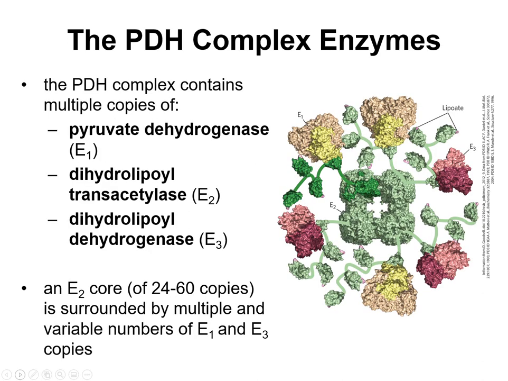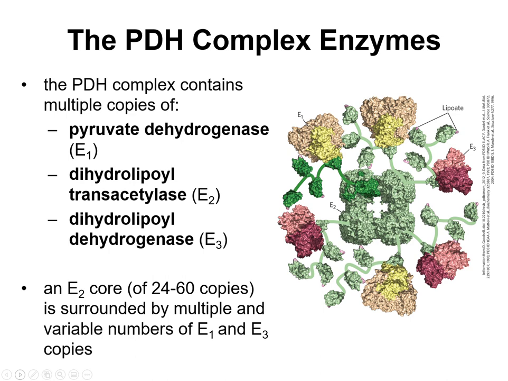So this complex contains multiple copies of E1, E2, and E3. I'm not going to say the long names of each of these enzymes. I'm just going to stick with E1, E2, and E3. You'll see this complex all over the place in all the species. There may be differences in how many copies of each one, and some subtle differences in the amino acid composition, but by and large, they all do the same thing in different species.